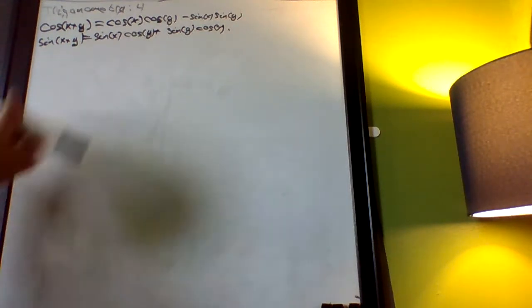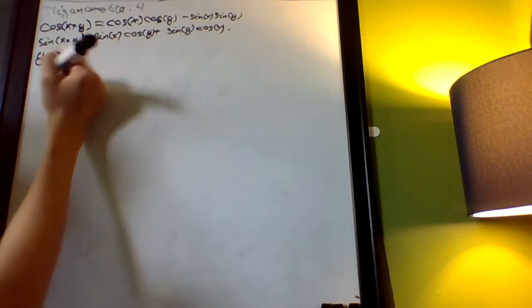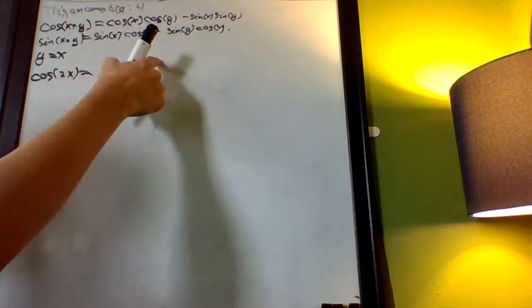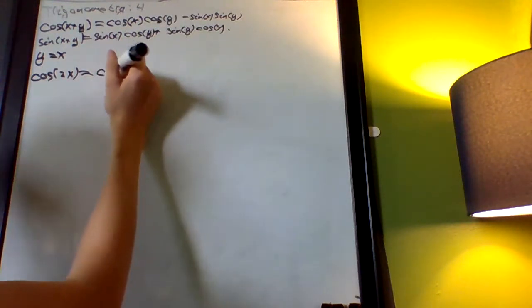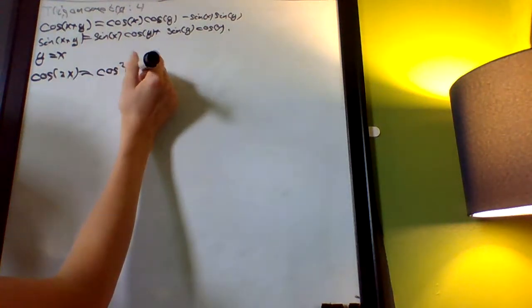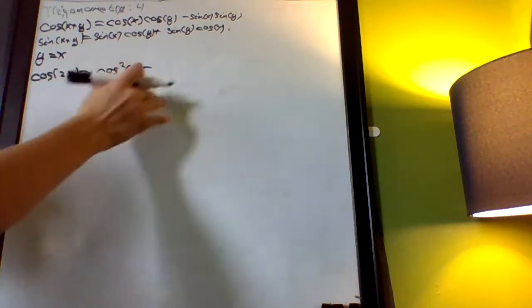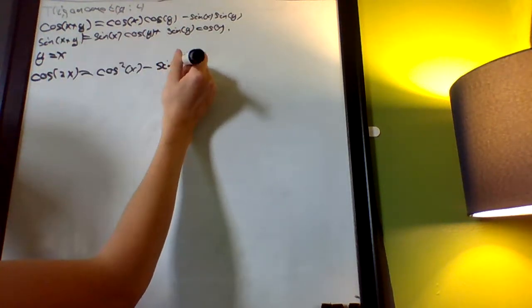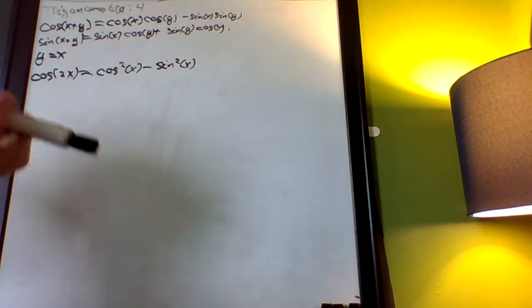So, plug in y equals x, so you get cosine of x plus x, which is 2x. You get cosine of x times cosine of x, or cosine squared of x, minus sine squared of x. Okay?